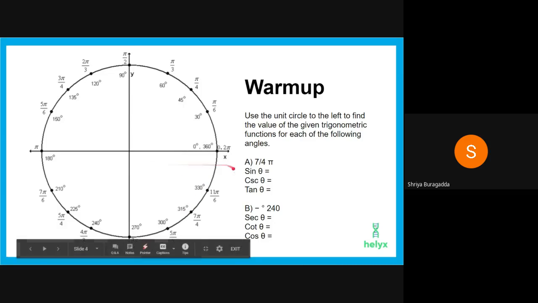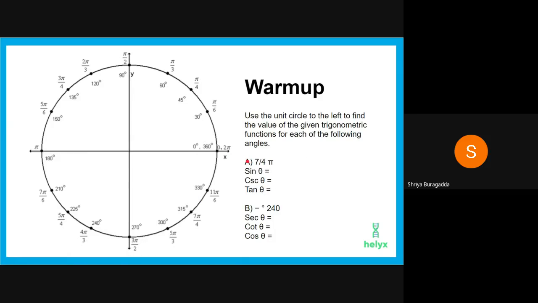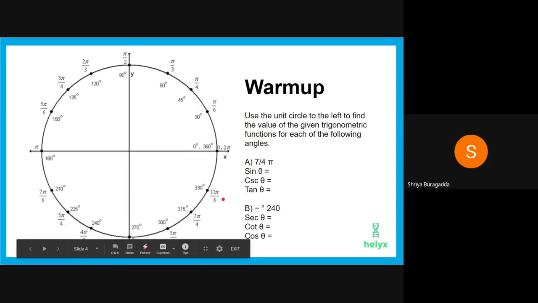Since it's in the fourth quadrant, the x-coordinate has to be positive and the y-coordinate has to be negative. The sine corresponds with the y-coordinate, so the sine of 7 over 4 pi is negative root 2 over 2.